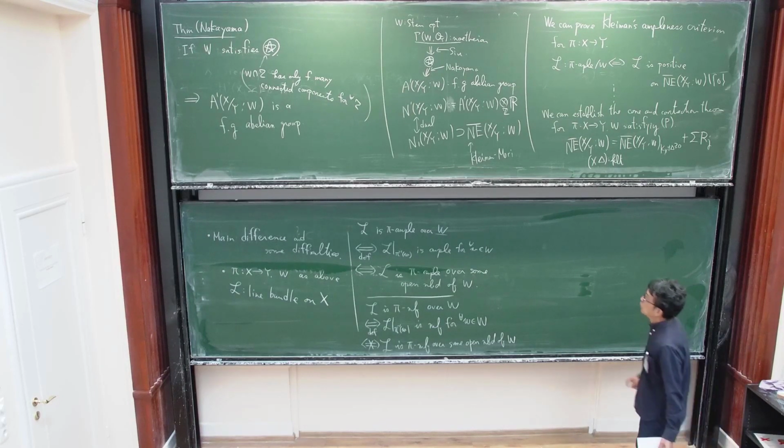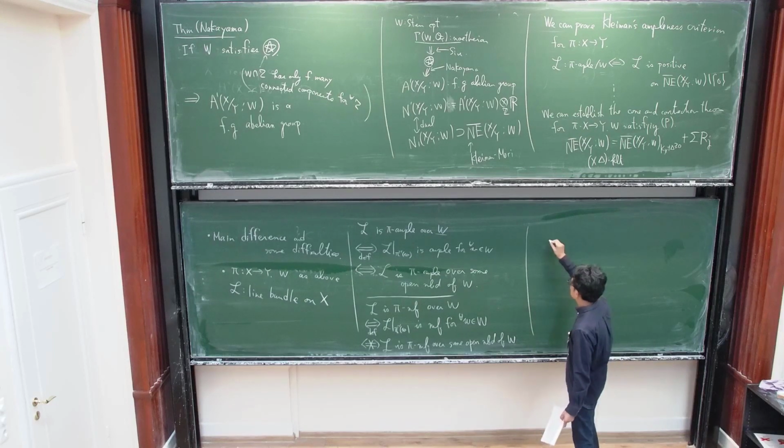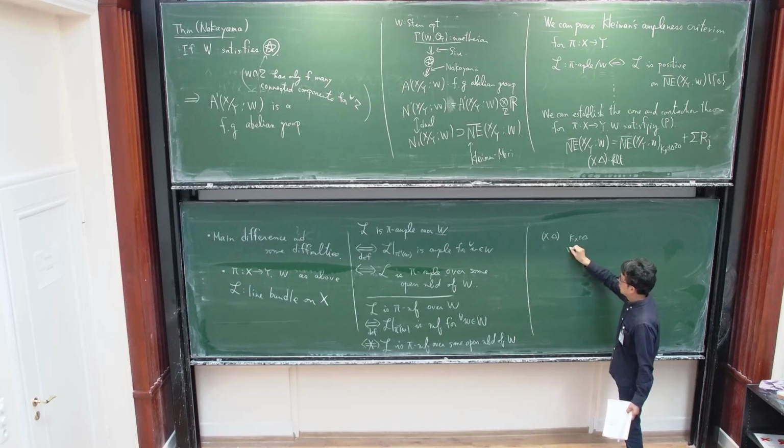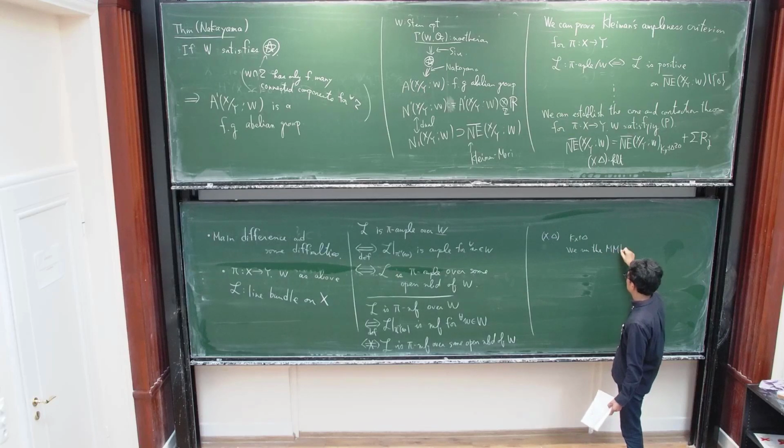So, for example, for X, Delta and K_X plus Delta, we run the minimal model program.